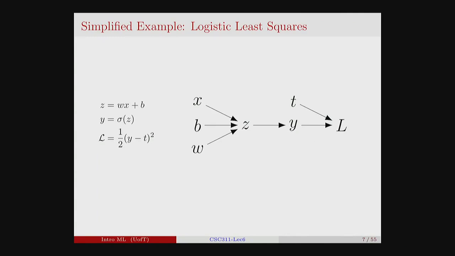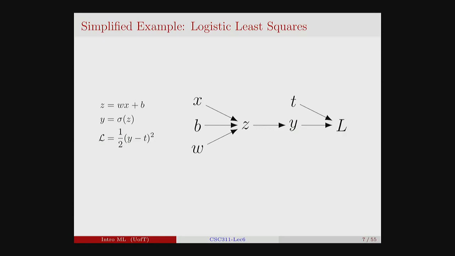And so what we'll do right now is take a look at a model that we've looked at but discounted in the past. The reason we'll do that is mostly because it's instructive to look at the logistic least squares loss function. The logistic least squares model says that you're going to first apply a linear operator to your input, then apply the sigmoid nonlinearity, and train using the least squares loss.